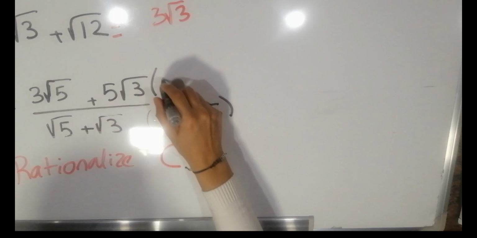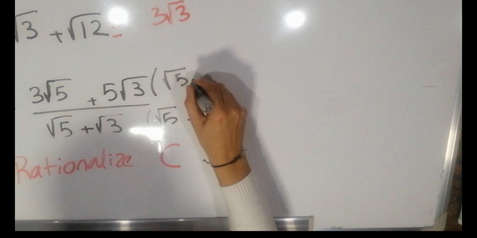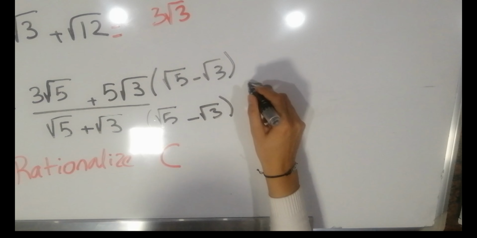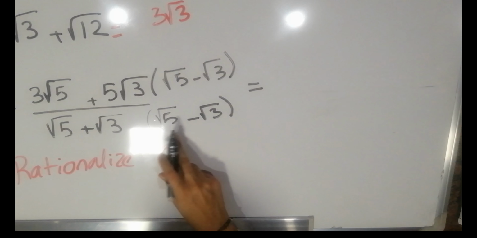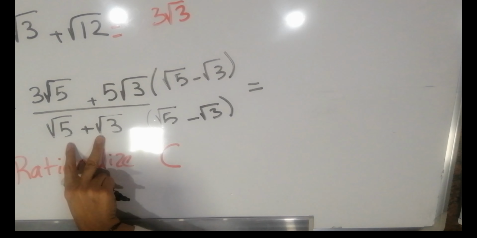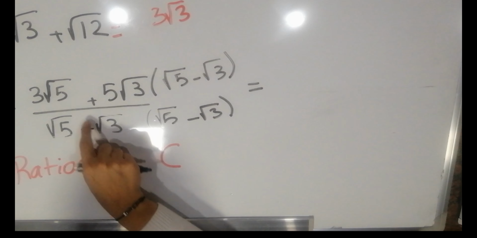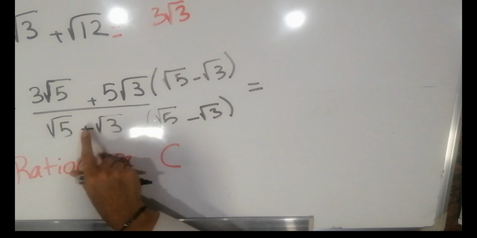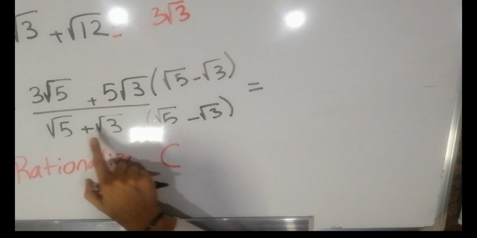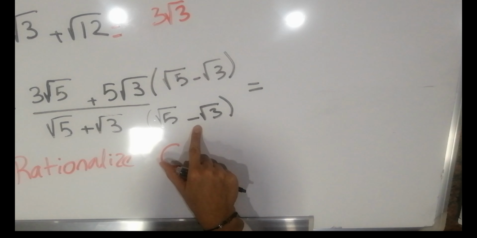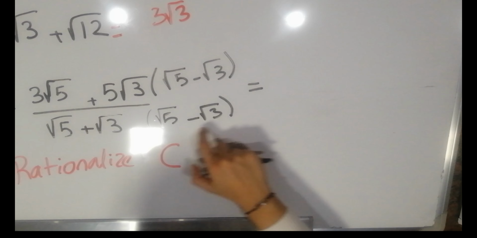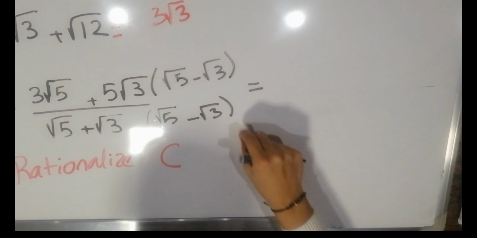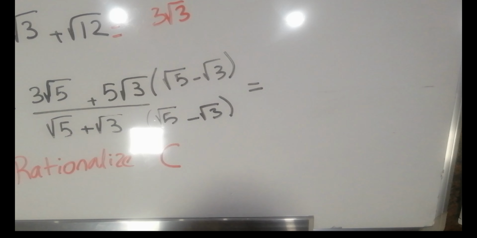And of course you multiply in the numerator by the same number. So I look at the denominator, these two numbers, I look at the sign here and I flip it. If it is a plus, I write minus. If it is minus, I write a plus, okay? And the number I multiply here, the same I multiply here in the numerator.